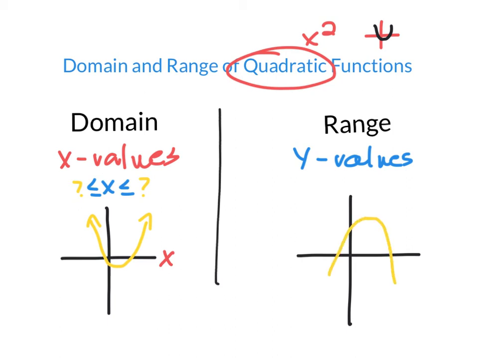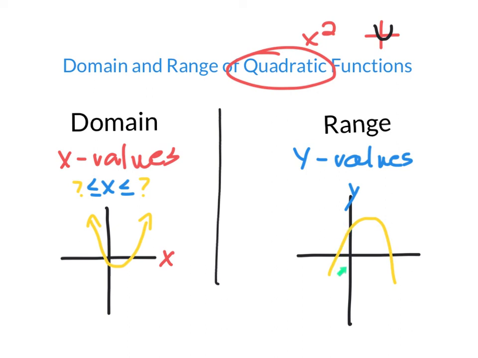When we're talking about the range, we're talking about all of the y values. Remember that the y values are the values that go up or down. So again, we're trying to identify up or down.